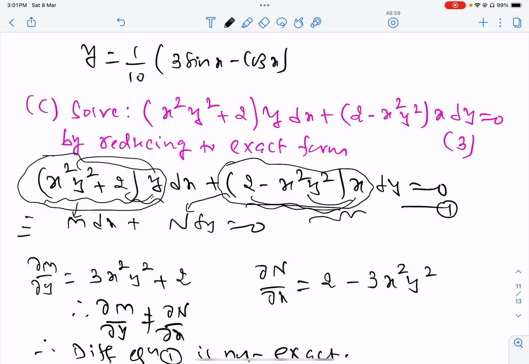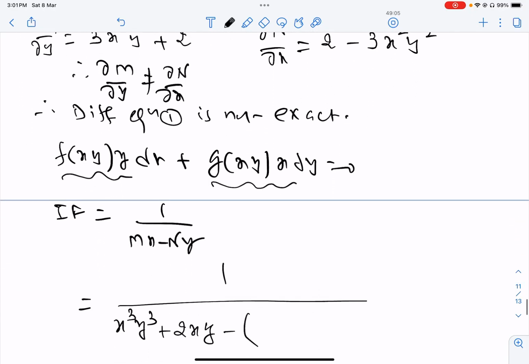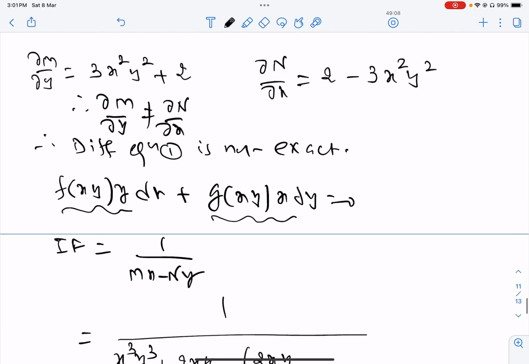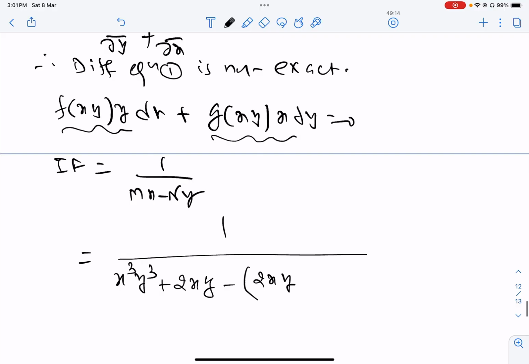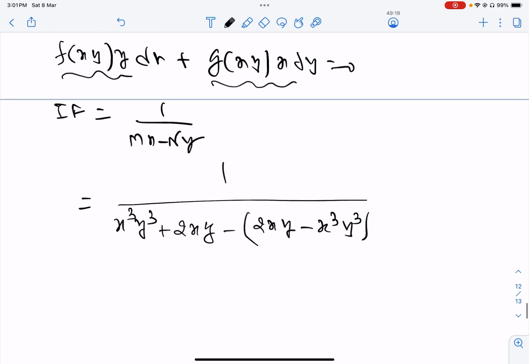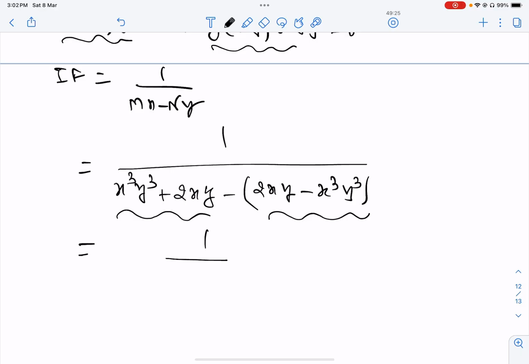Now n multiplied with y, so here you can consider xy, so this is 2xy, multiplied by xy here, so minus x cube y cube. So this is 1 upon mx minus ny. Simplify, you will get: the 2xy cancel, this is x cube y cube, and minus minus plus x cube y cube, so this is 1 upon 2 x cube y cube.